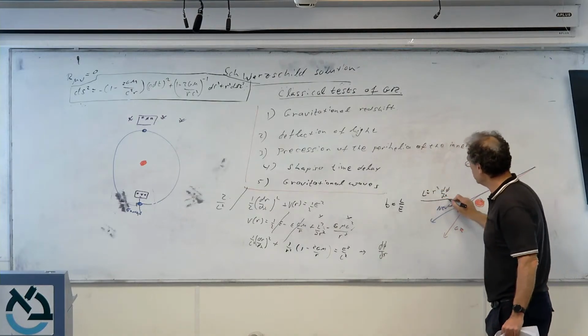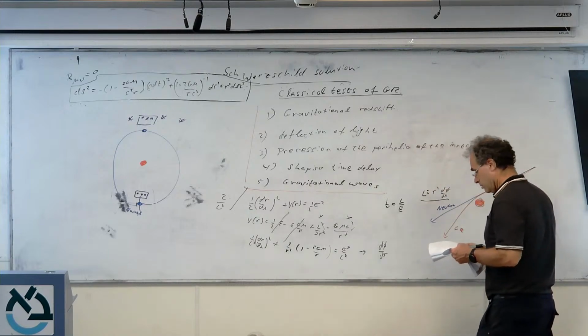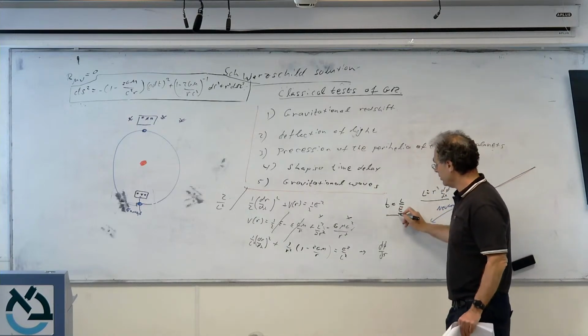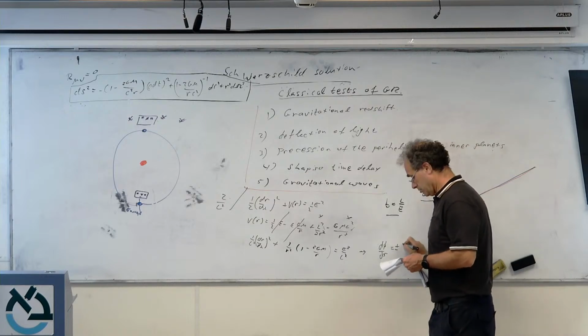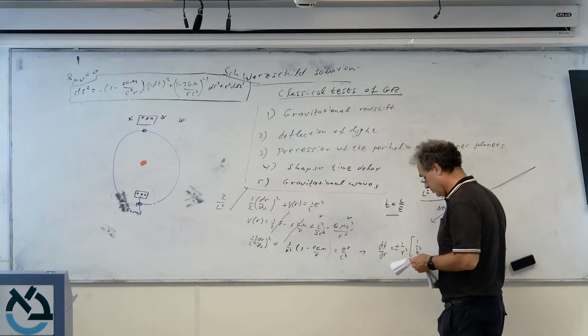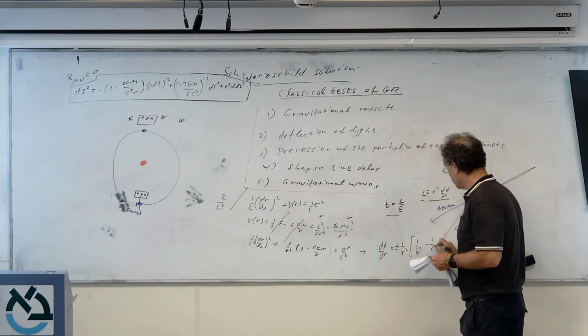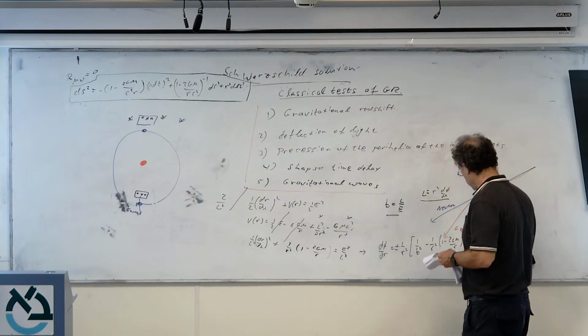I'm using that L² is up here. b is L over E, so I have dφ/dr equal to plus or minus 1 over r² times (1/b² − 1/r² (1 − 2GM/r))^(−1/2).